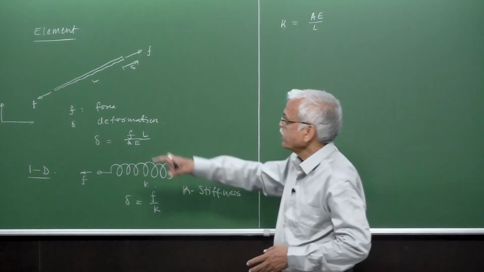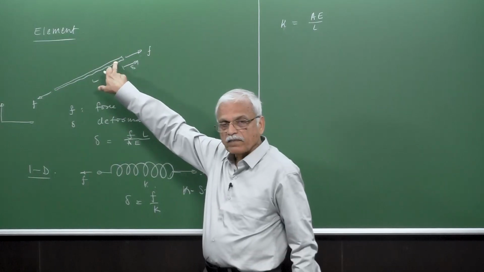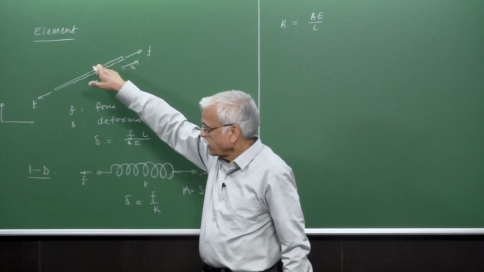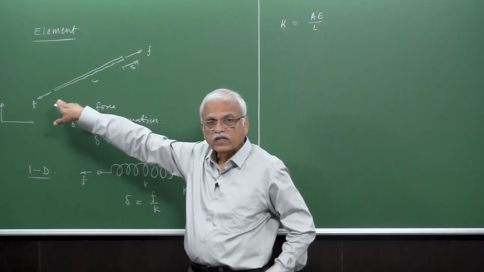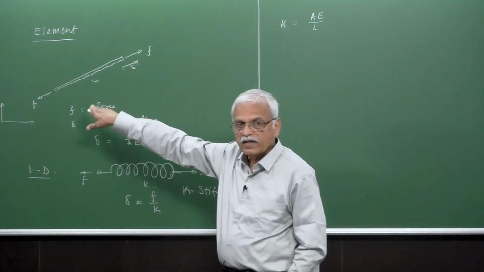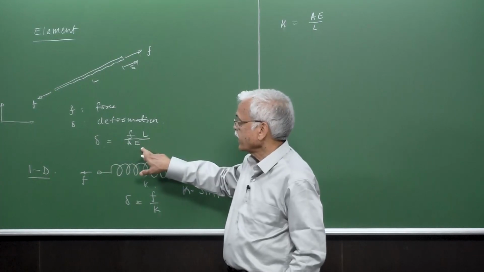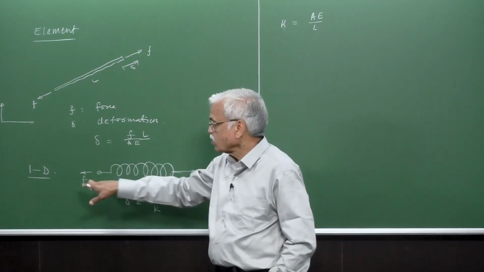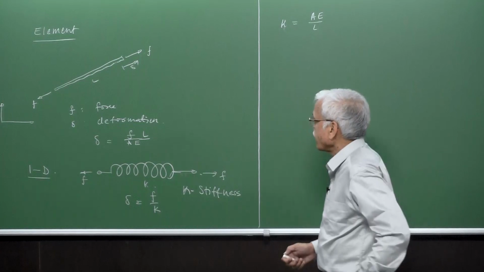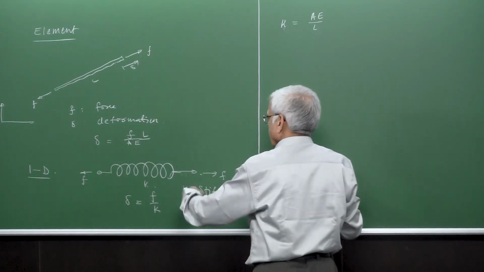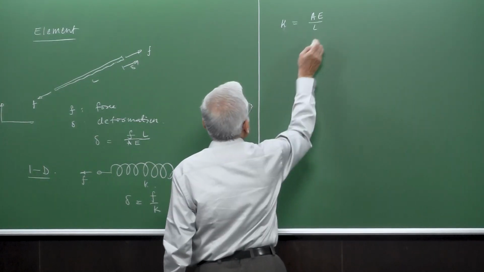The basic element in the structure is one truss member, whose deformation equation can be written as delta is equal to FL by AE, or if you write it in one dimension, then it can even be K is equal to AE by L.